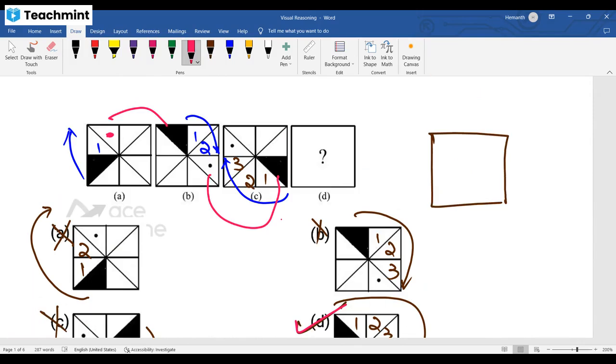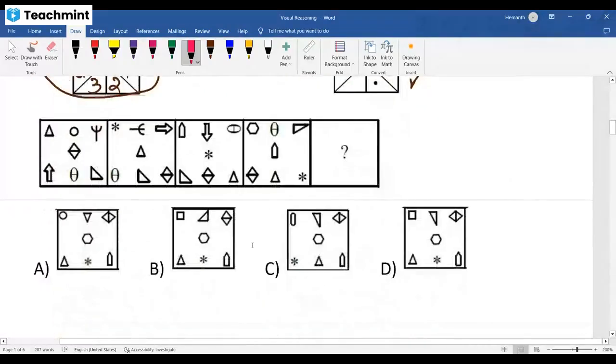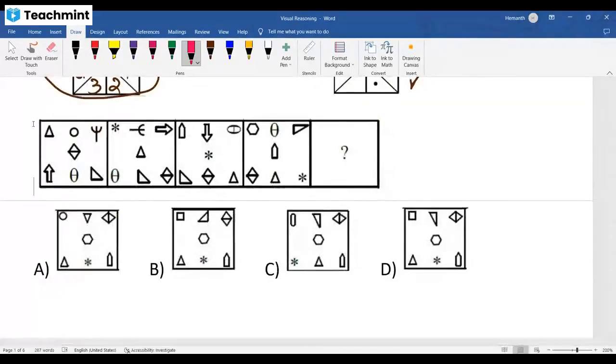And one more: this gap, one gap, two gap, three gap, clockwise. Series. So they are not giving regular questions, they are giving some next-level questions only. We need to work on it. Here, series. What will come next? These are all previous questions. If it is done, please let me know.